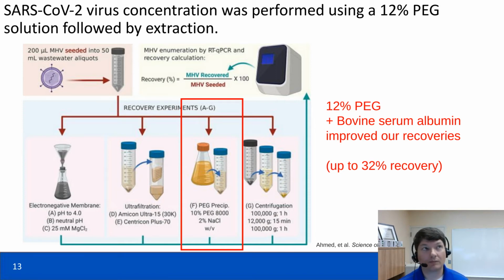However, it's important to note that viruses, SARS-CoV-2 and MHV, like to partition between different phases. And so when you have solids in your wastewater sample, we often found that both the MHV, or surrogate, and SARS-CoV-2 like to partition into those solids.